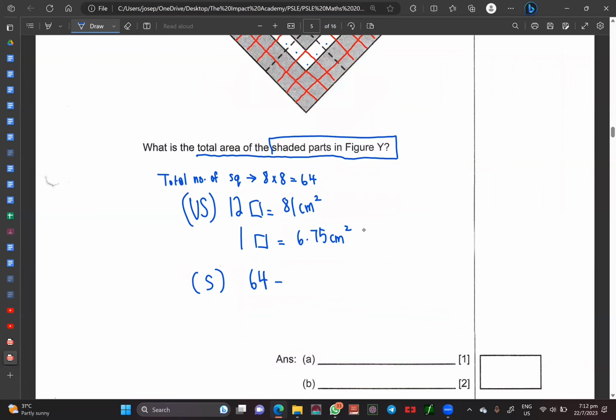So I just have to minus away 12. I get to 52. Where did I get this 12? This 12 is basically the unshaded squares. So therefore, all I need to do is to find 52. I will do 6.75 times 52, and I will get an answer of 351 centimeter square.